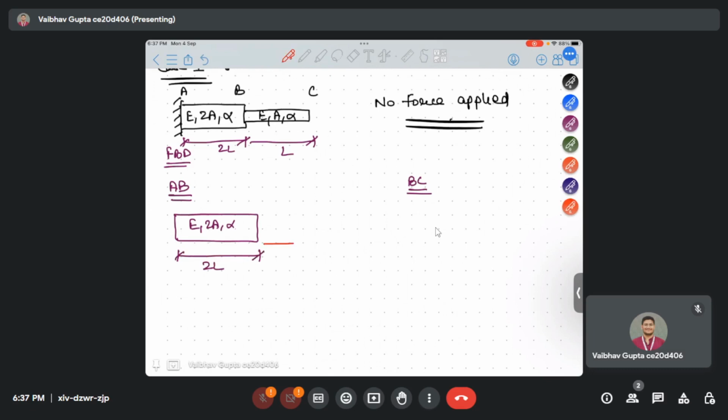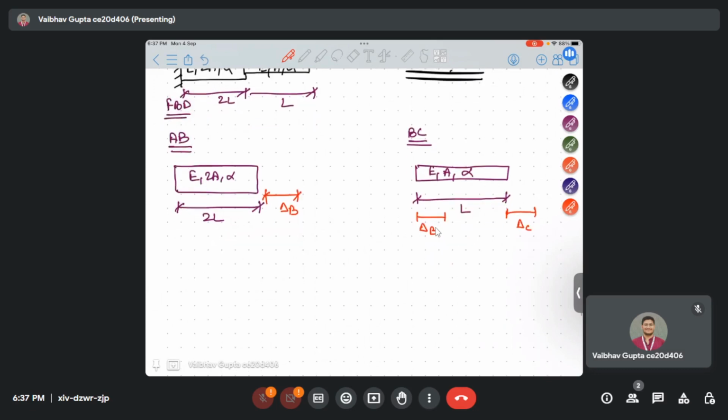It will change its length due to heating, delta B. No force is applied, so I didn't mention any force. Now we go to BC. It has E, A, and the coefficient of thermal expansion is alpha. Again, no force, so I didn't mention any force. Length is L. So B has deflected delta B due to AB, and this member will deflect to delta C. Sorry, at point C, not deflected, changes length.